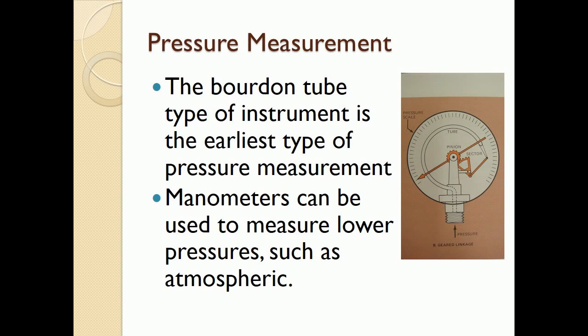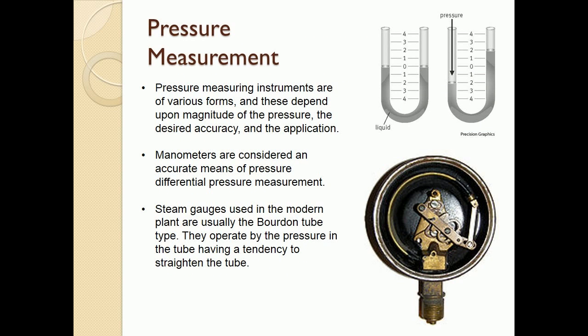And now let's discuss pressure measurement. The Bourdon tube type of instrument is the earliest type of pressure measurement, and manometers can be used to measure lower pressures, such as atmospheric. Pressure measuring instruments are of various forms, and these depend upon magnitude of the pressure, the desired accuracy, and the application.